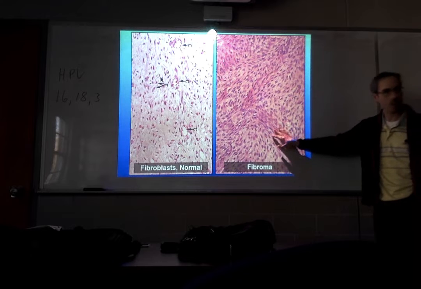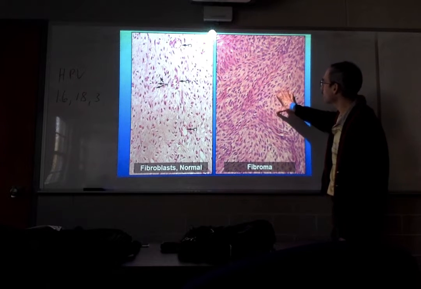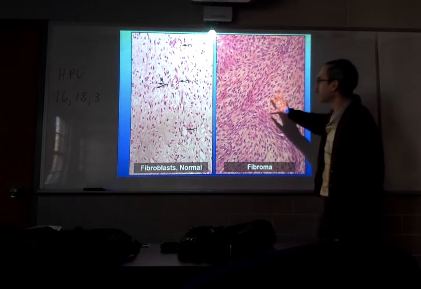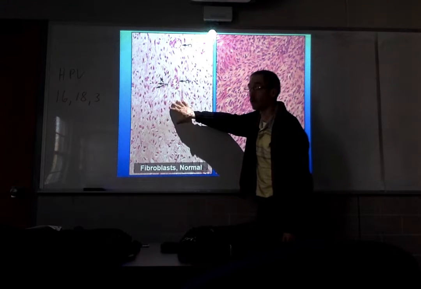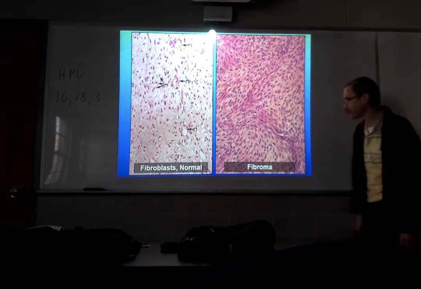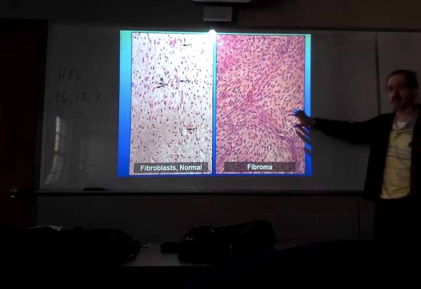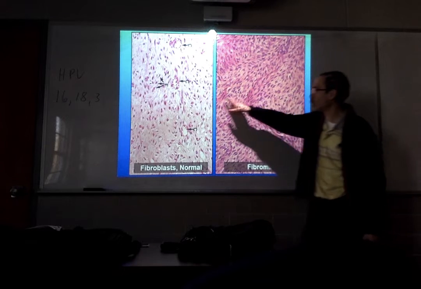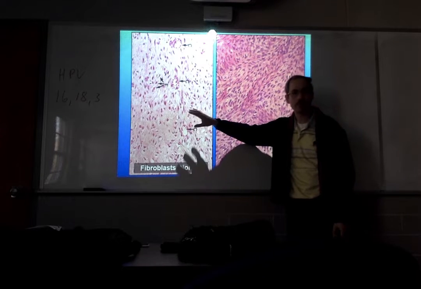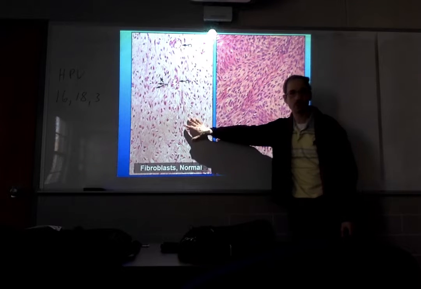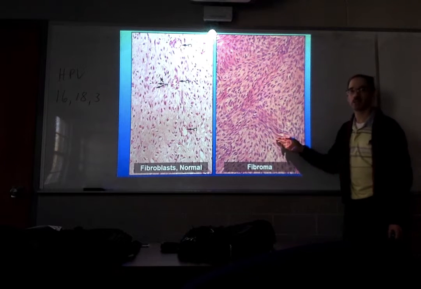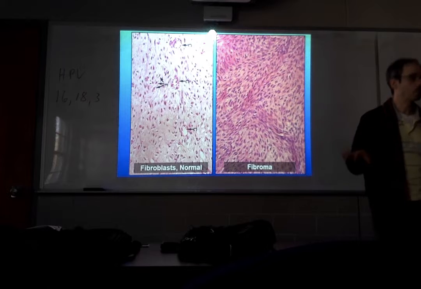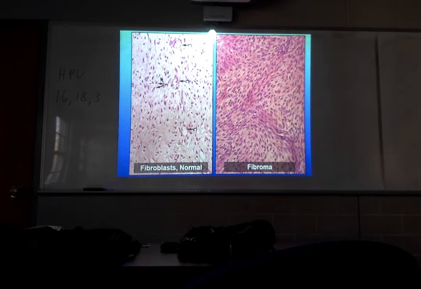I mean, it's not true for all of them, but you'll notice that most of the cells here of the fibroma resemble the normal fibroblasts. Okay. When neoplastic cells resemble their normal counterparts in appearance and function, we describe the neoplastic cells as being well differentiated. They look like their normal counterparts.